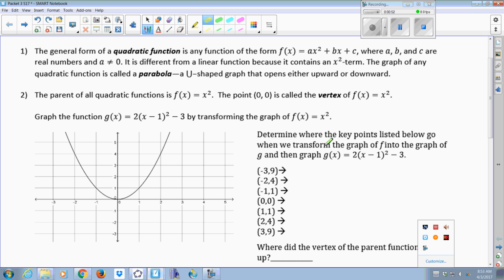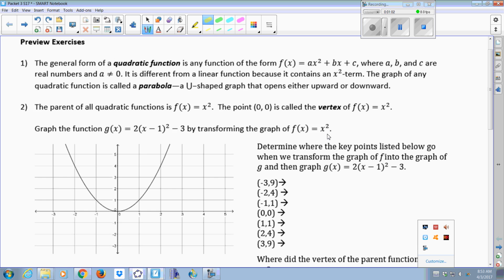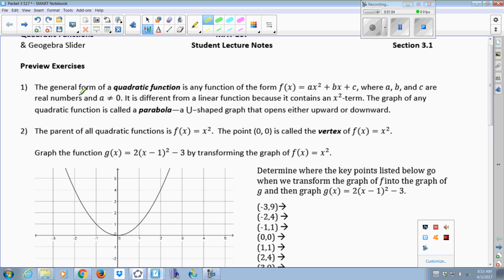So the main thing today is we've looked at quadratic functions in this form: ax squared plus bx plus c equals f of x. Now, this is called the general form, but another name for this is the polynomial form.